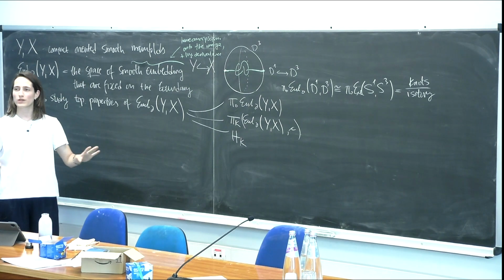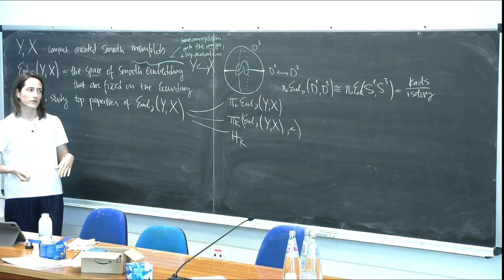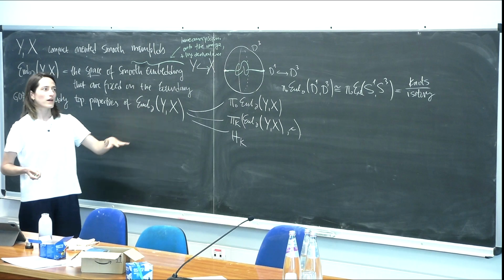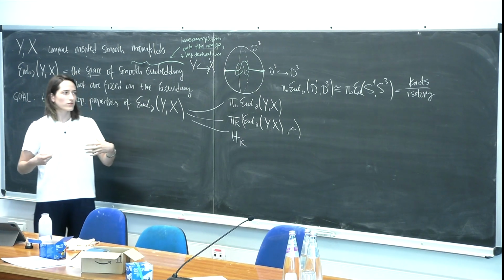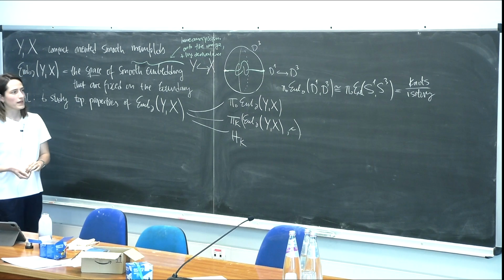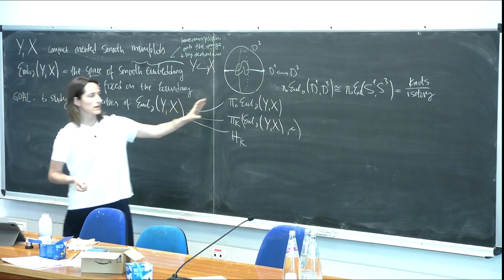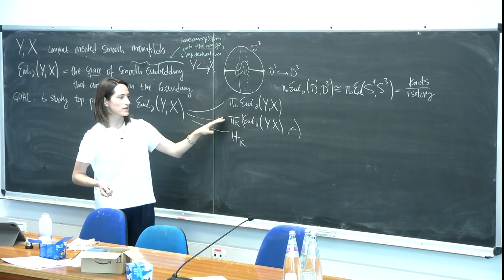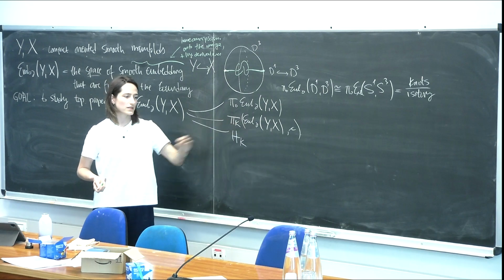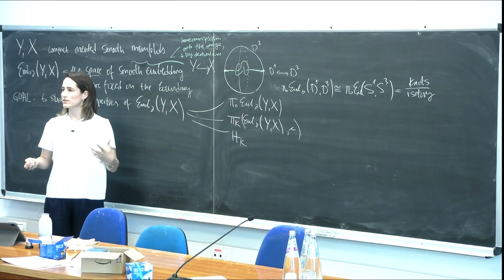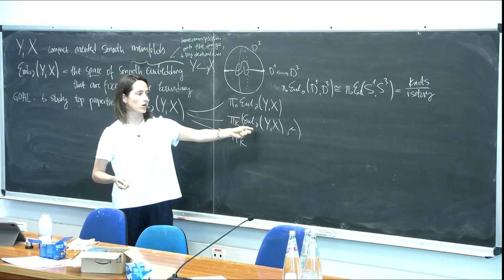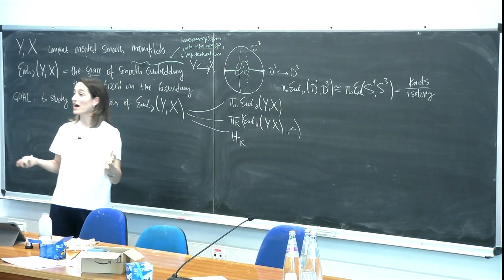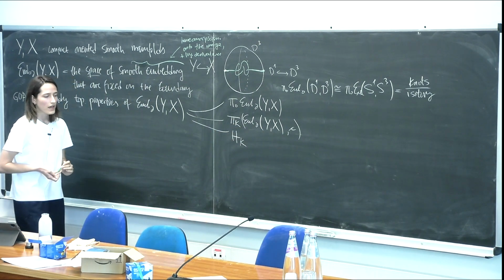I'm just trying to point out that what I'm talking about will have several instances of this. And I think this is at least the point of view that I take, that you can study embedding spaces in general, and maybe these homotopy groups of embedding spaces are just like generalized knot theory. It's like multi-parameter families of embeddings that are knotted in some way. And I'll try to explain.